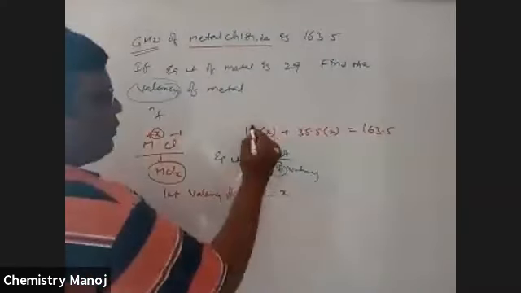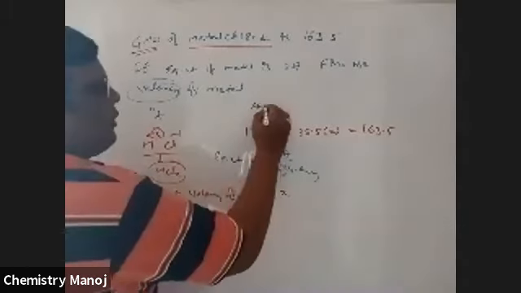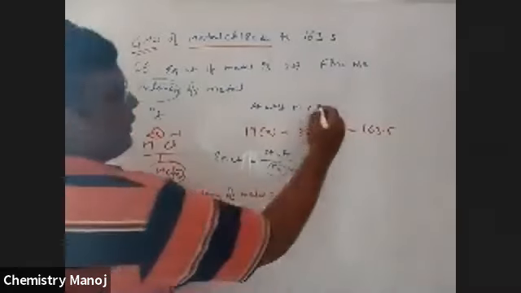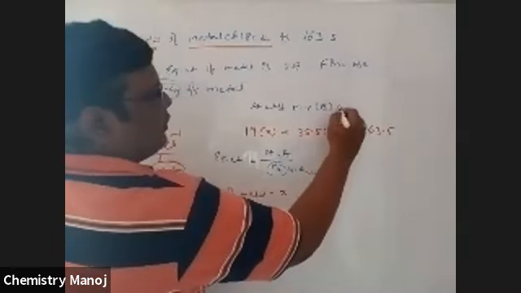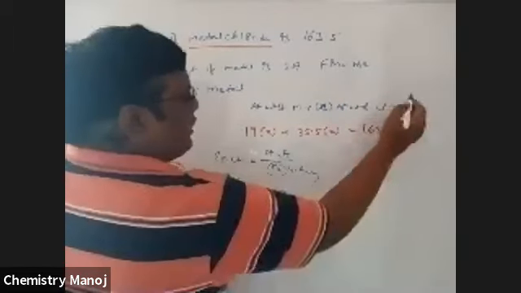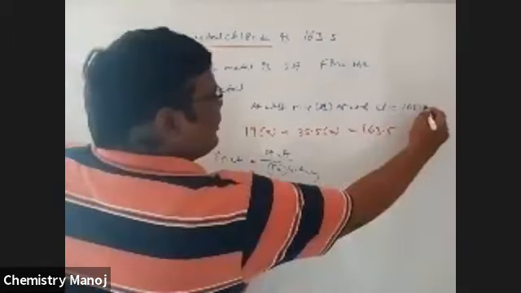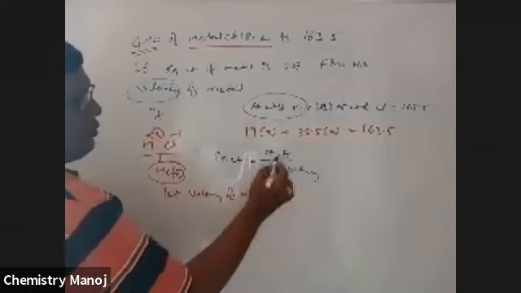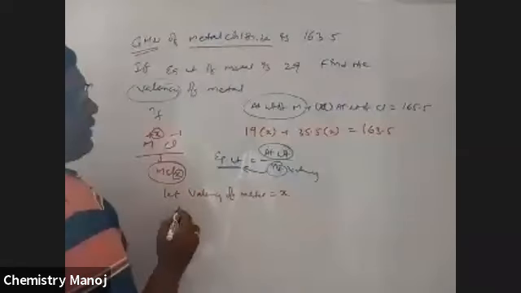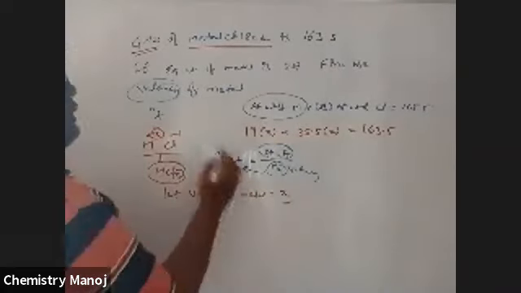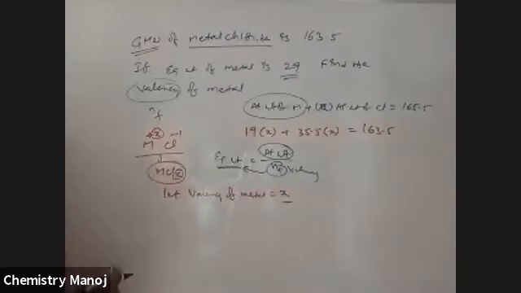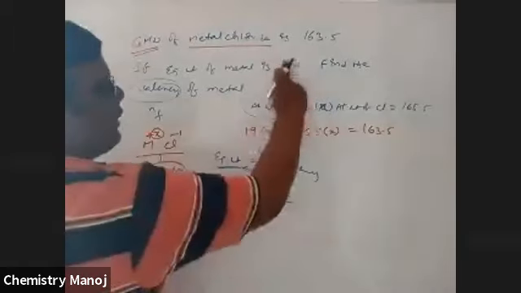Now, the atomic weight of metal plus X atoms of chlorine: X into the atomic weight of chlorine is equal to 163.5 given to you. The atomic weight of metal we don't know. Atomic weight of metal is equal to equivalent weight into n factor. The n factor is X. Equivalent weight is given to you as 19, sorry.